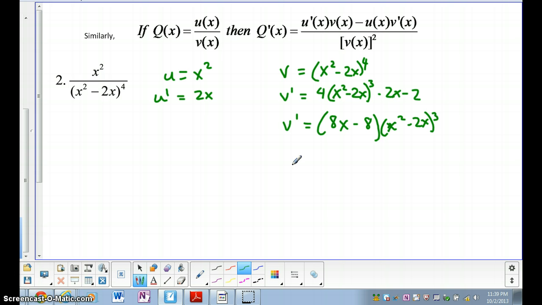Okay, so now we just plug into our quotient formula. We have our derivative of u times v minus our u times the derivative of v, all over v squared. So u prime is 2x times v, x squared minus 2x to the fourth, minus u, which would be x squared, times the derivative of v.